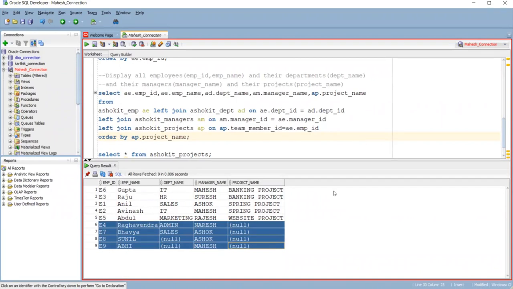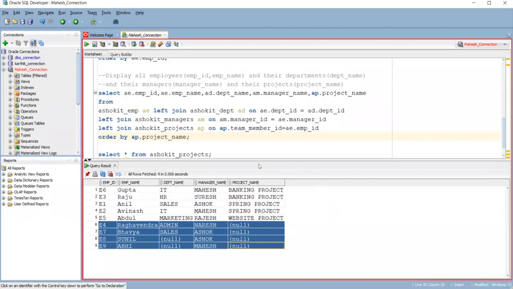They are just simply sitting in the company. That's all. Understand, sir? These 4 employees are not working on any project. Hope you understood that our requirement is achieved.